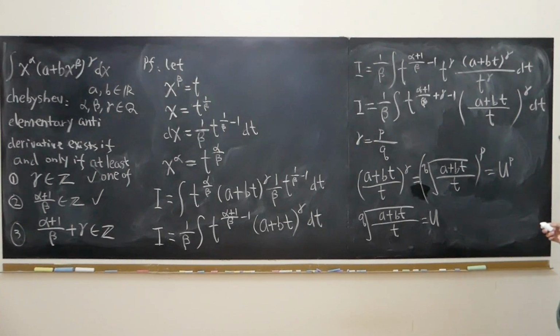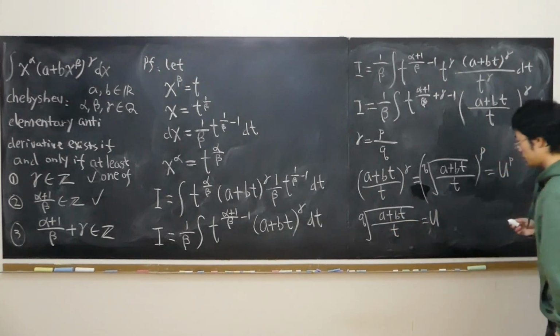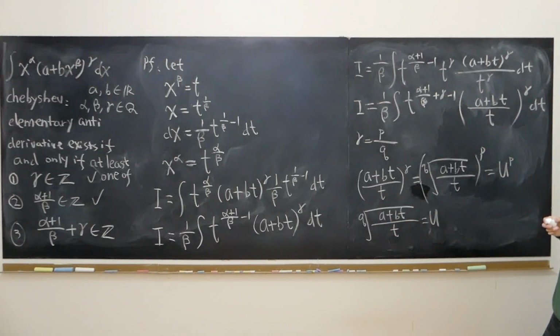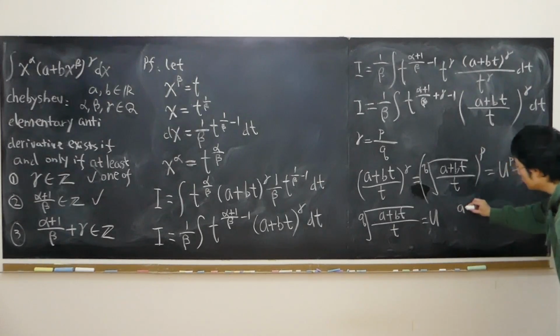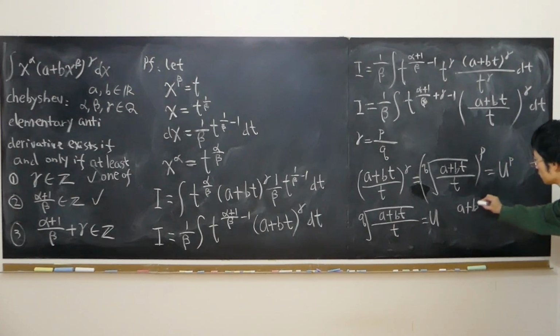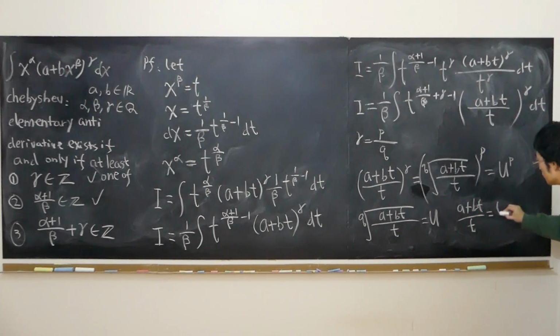Now, from this equation, raise both sides to the power of q, and we can simplify that and solve in terms of t. Solve for t, hopefully. So this will become a plus bt over t is equal to u to the power of q.